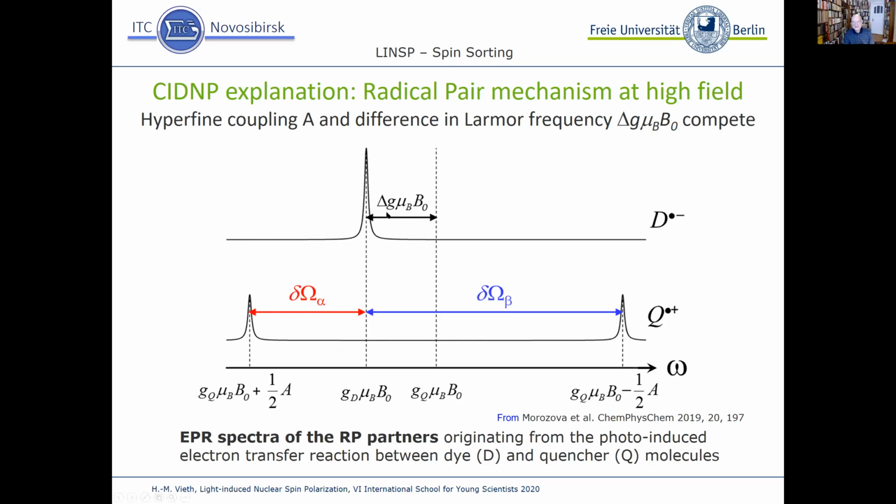The difference is delta G times mu times B0 for the energy difference. And because of hyperfine fields of the nuclei, we have in the quencher molecule, which is supposed to have one nucleus, another term adding or subtracting from the Zeeman field getting from G times mu times B0.